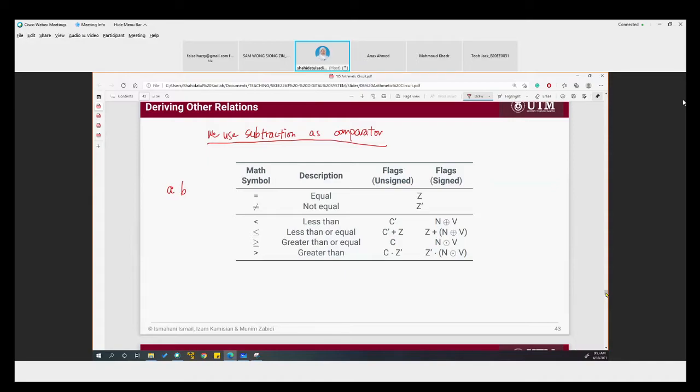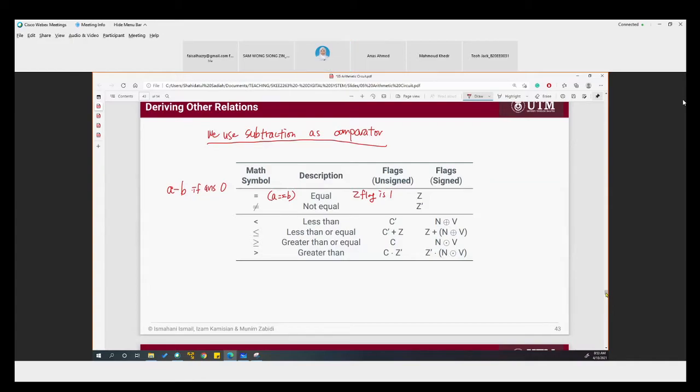Let's say we want to check if A and B is equal. So we will perform A minus B to check if A is equal to B. If A equal to B, we subtract B from A. So if the answer is 0, the Z flag is set to 1.